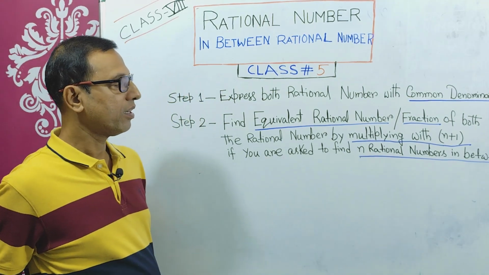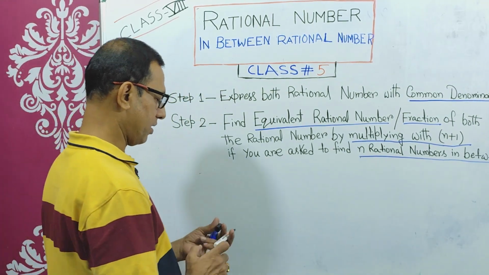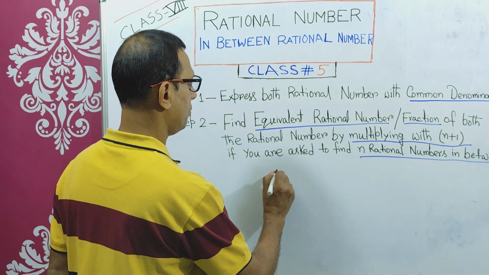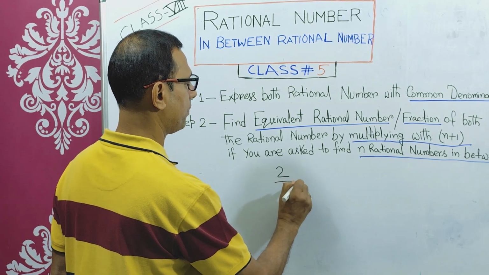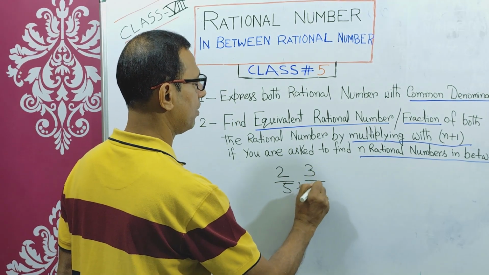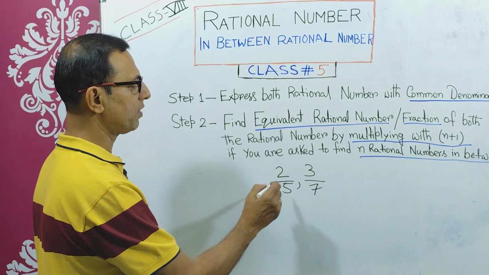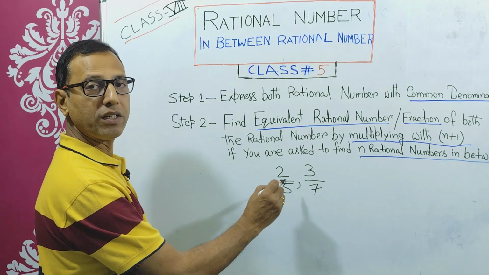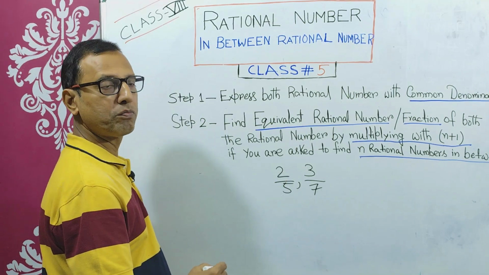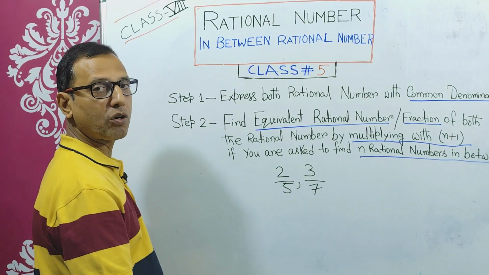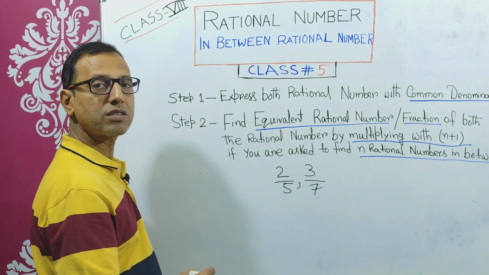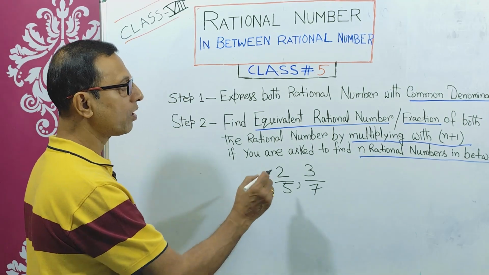But if the rational numbers given are, let's say, 2 by 5 and 3 by 7, and you are asked to find rational numbers between these two, it could be 2, 3, 4, whatever it is. Here the denominators are not the same. So to make the denominators equal, what do you need to do?